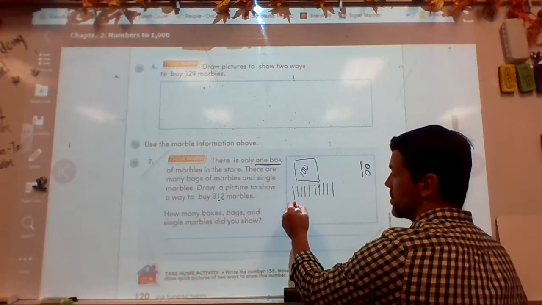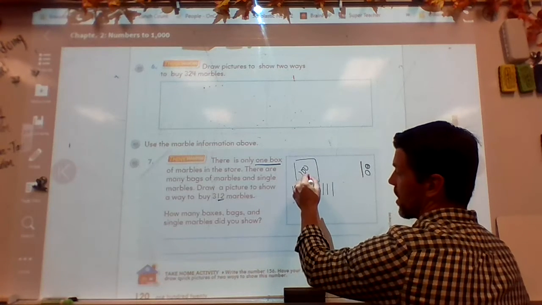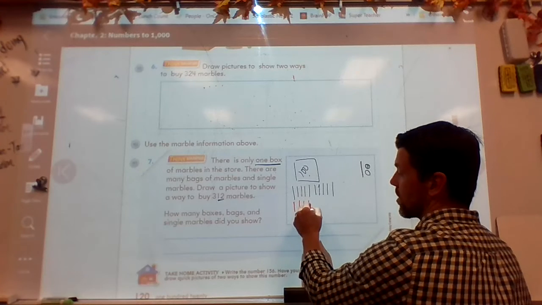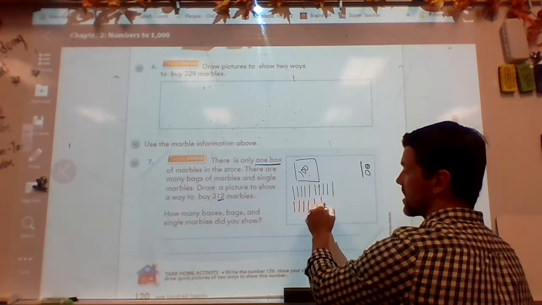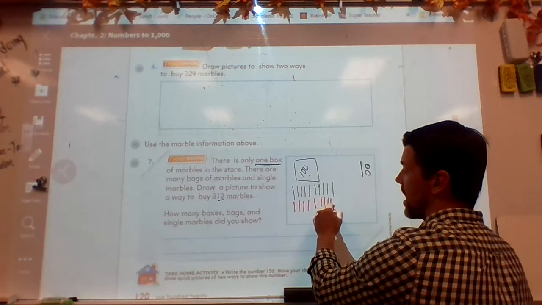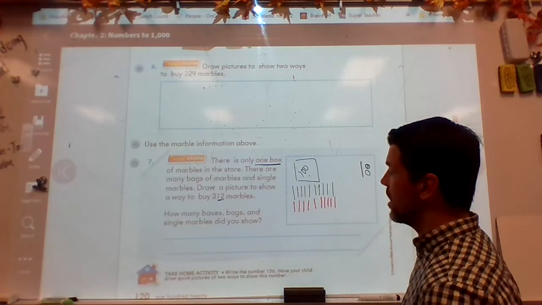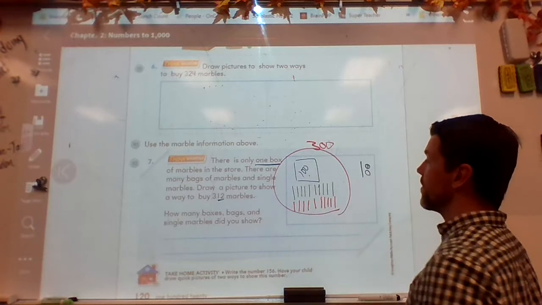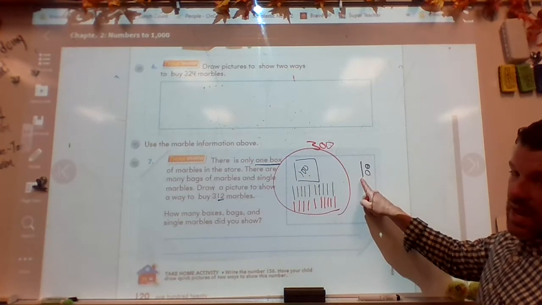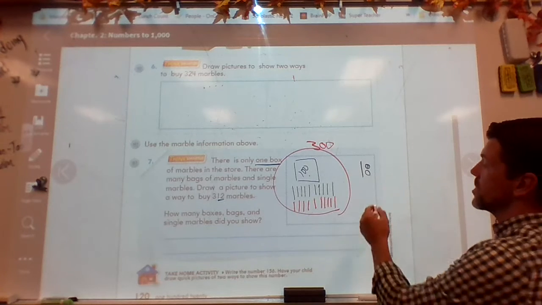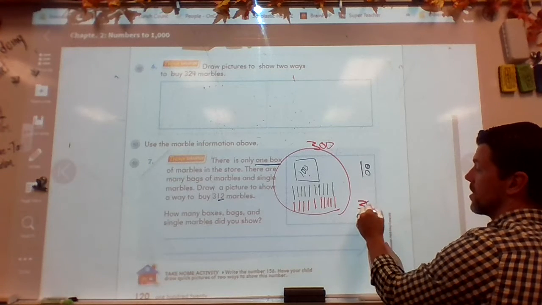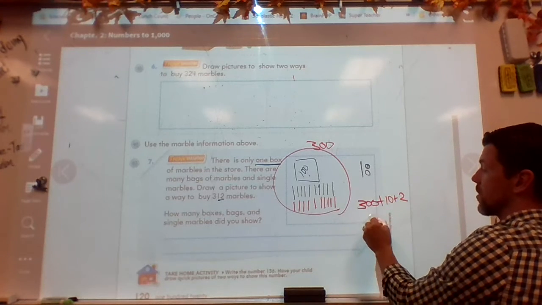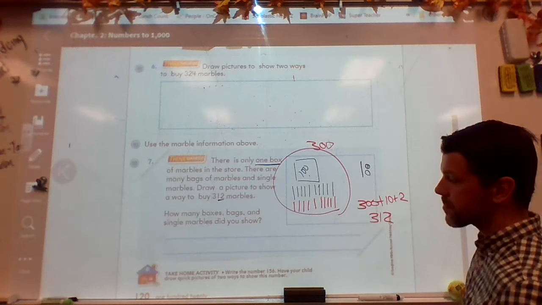So now I'm going to add 100, 200, 210, 220, 230, 240, 250, 260, 270, 280, 290, 300. So now altogether here I have 300, and then I have one more 10 and 2 ones, which is 300 plus 10 plus 2 equals 312.